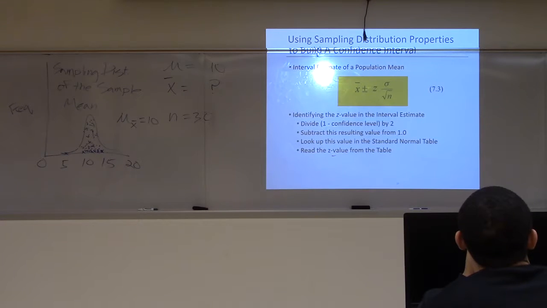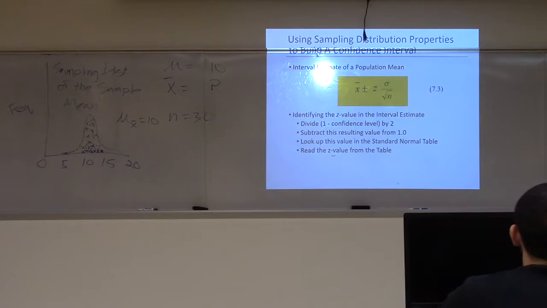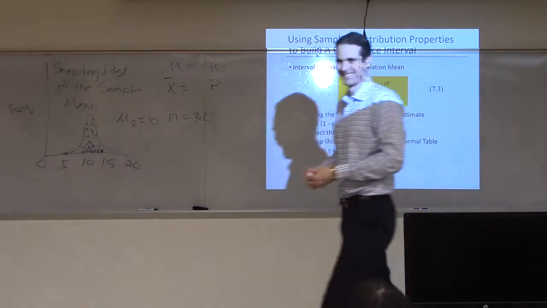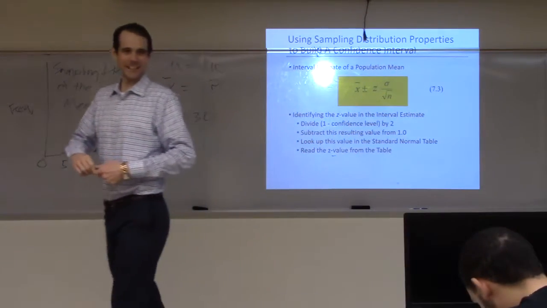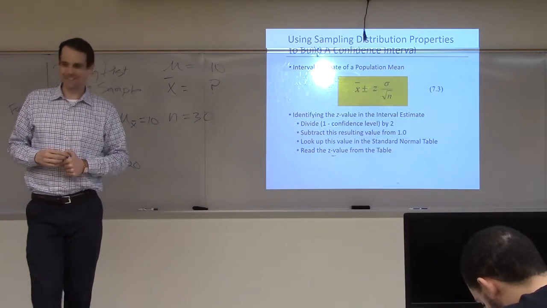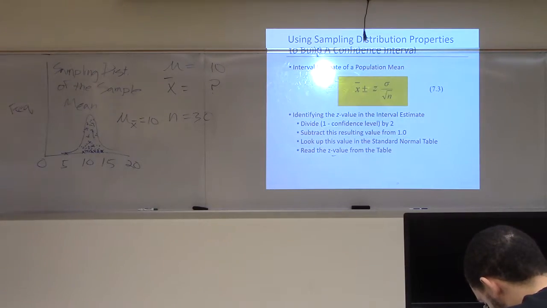Are you with me there? You see how I got 97.5? So how are you going to find it? You look it up. Go for it. You look in the back of the book. Exactly, the back of it. Oh, you don't have one.